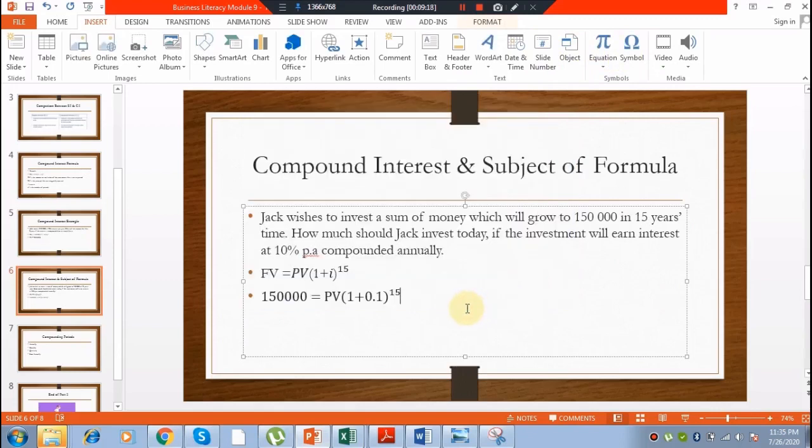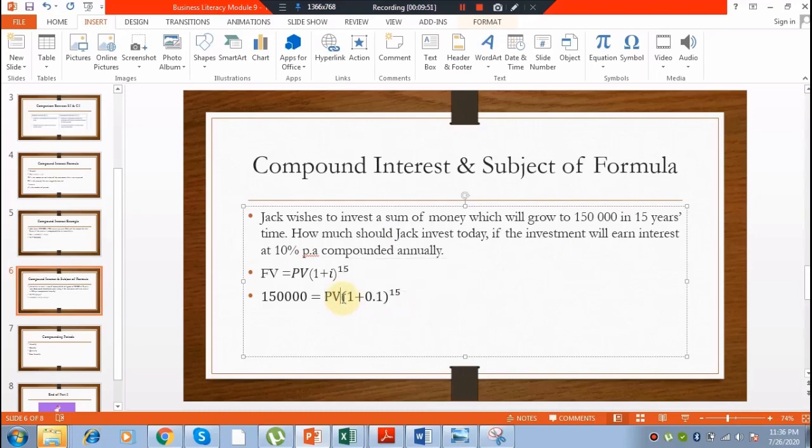So now we want to calculate the present value. It's quite easy: if we want to calculate the present value, we divide both sides by this amount, by this bracket here. Obviously on this side, they cancel out each other.